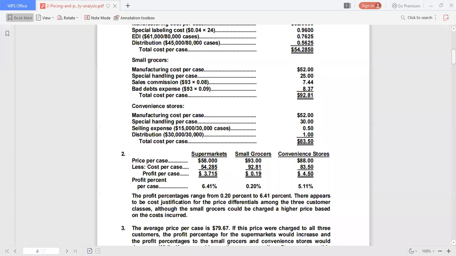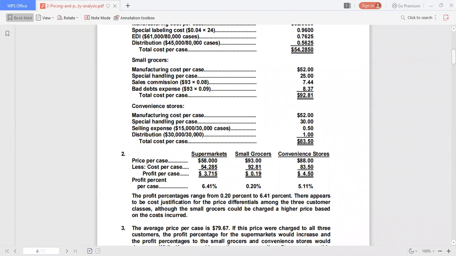We add the price per case, 58, 93, and 88, and the total we divide by 3. That gives us the average price per case of 79.67.